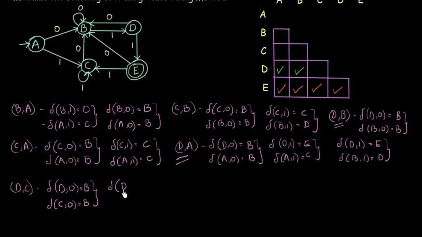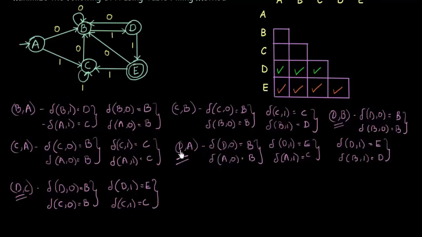Now let's check for input 1. D on input 1, it goes to E, and C on input 1, it goes to C itself. So we get this pair EC. Now check if EC is marked. EC, yes, EC is marked in our table, so I also have to mark DC, which I checked just now. So DC is also marked.